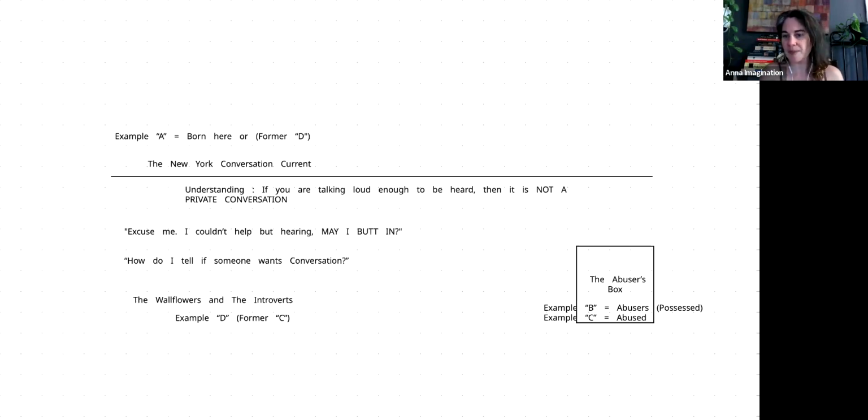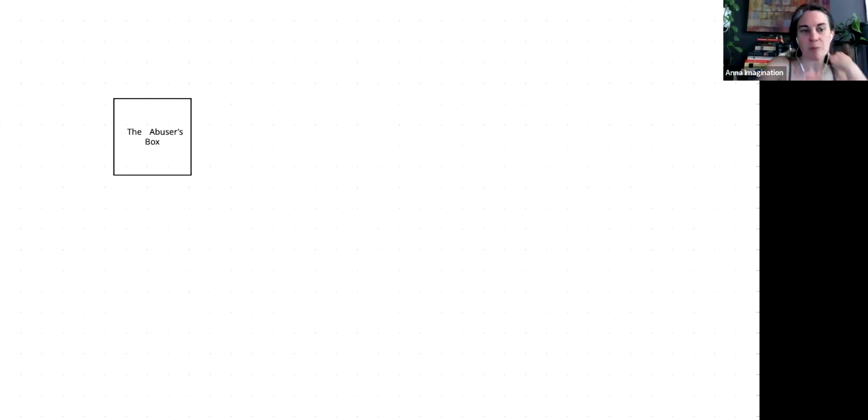Now we're going to look into the abuser's box. When you look at the abuser's box, you have two kinds of people: abusers and victims. Just to clarify, a victim means someone who suffers. That's it.